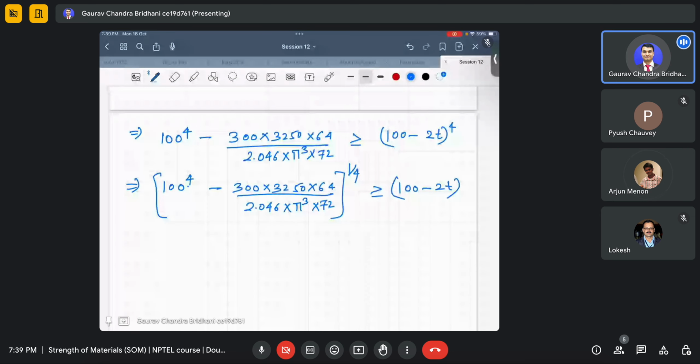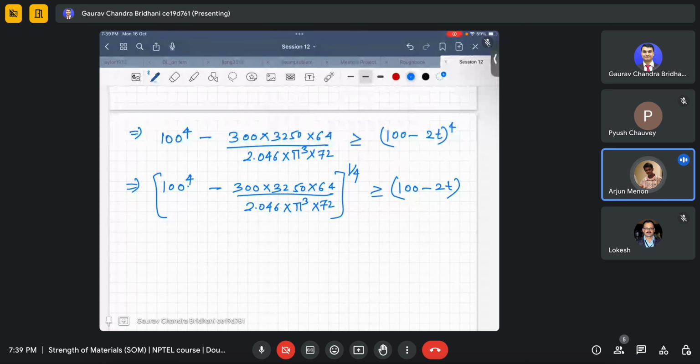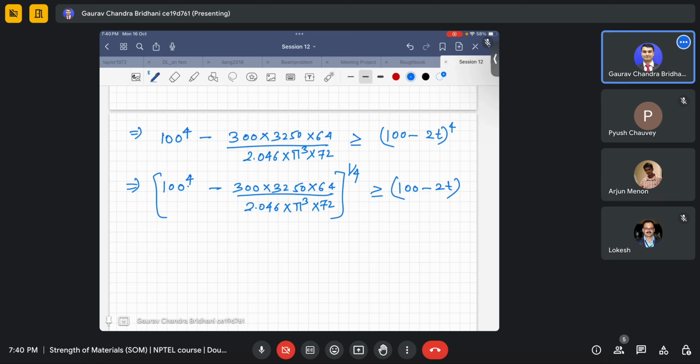LHS is 31.51, but I am getting something different. I am getting this value very close to 100. Let me just check. Yeah, this is that, then minus 100 and divided by 2.